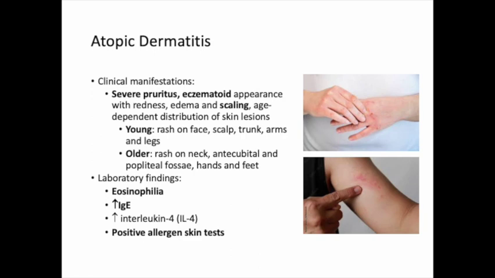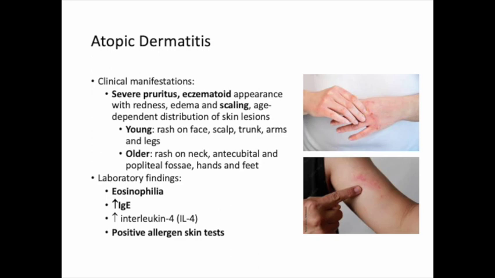So overall, with these types of atopic dermatitis processes, the clinical manifestations are going to be severe pruritus, to where most patients can't stop itching even though they know it's going to make it worse. And you're going to see redness, edema, and scaling.